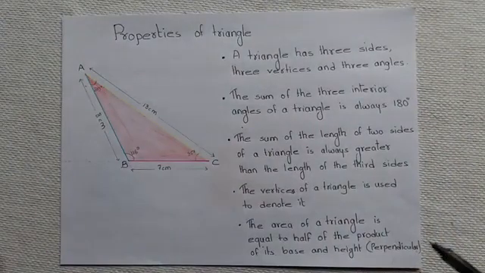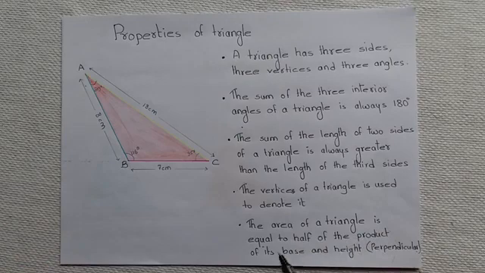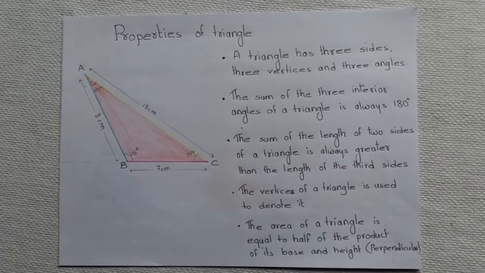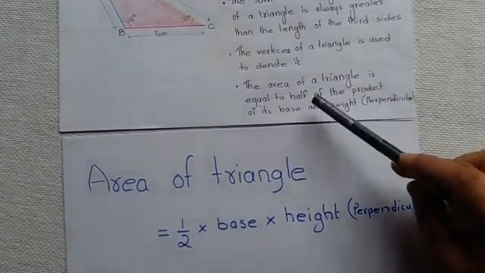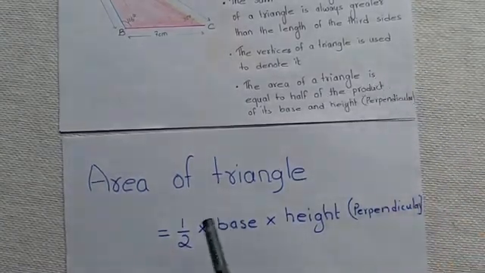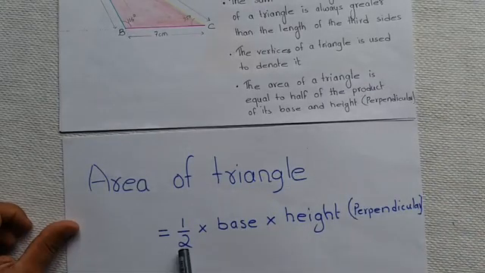And the last property of a triangle is that the area of a triangle is equal to half of the product of its base and height. Here is where we need the perpendicular. The area of the triangle is equal to half of the product of base and height.